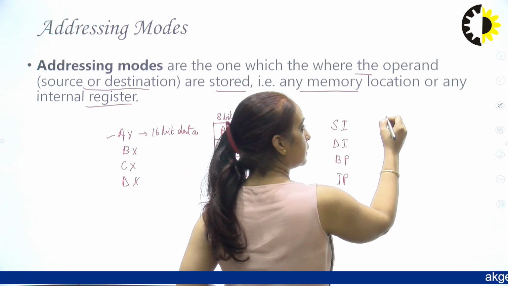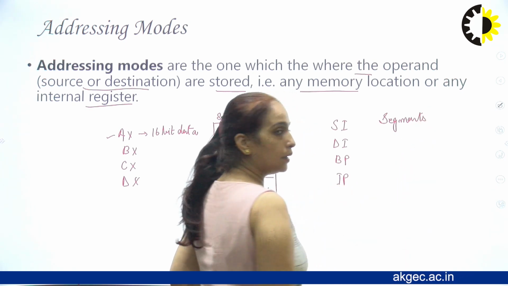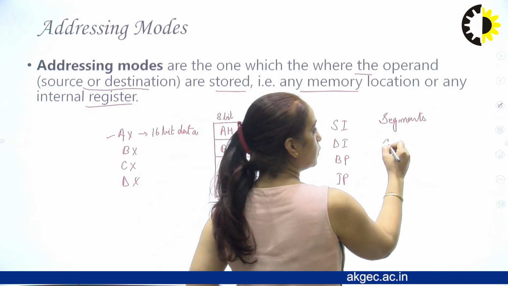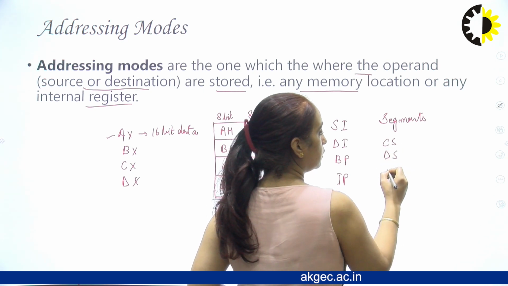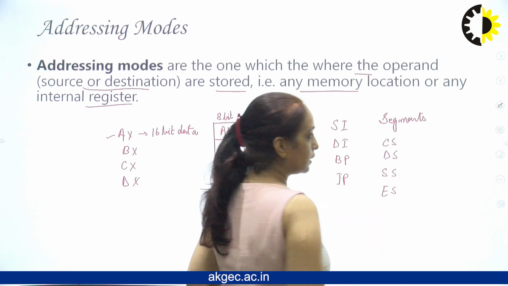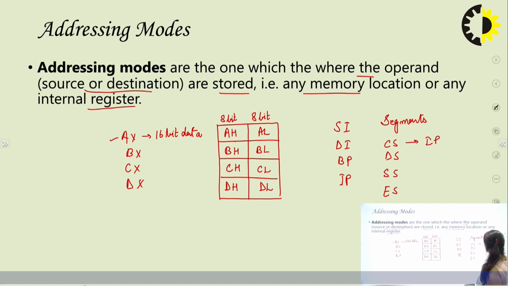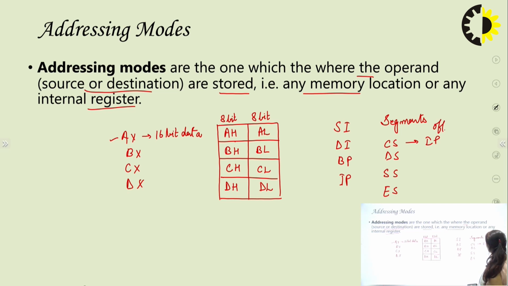And the segments present in the 8086 are the code segment, data segment, stack segment and extra segment. Each segment has a dedicated pointer used to calculate the complete physical address. For the code segment, we use the instruction pointer as the offset address. These will be your offset pointers.